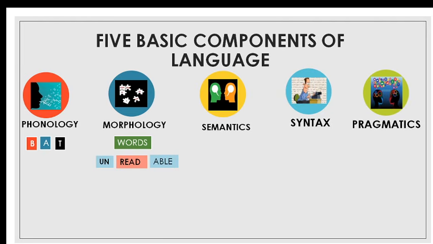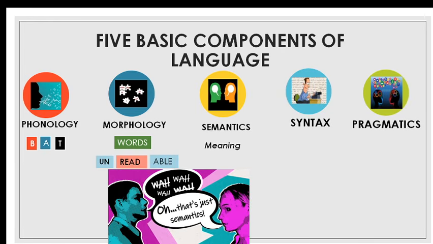So this is morphology. Moving on, next we have semantics, and semantics deals with meanings. Watch this picture. You have a person saying wah wah wah, and the girl says, oh, that's just semantics. When someone says something to you and you understand that it has a meaning, it means he is using semantics in his language.